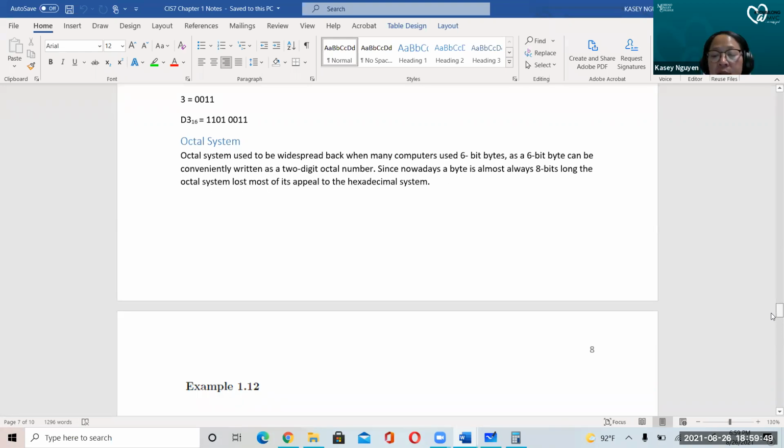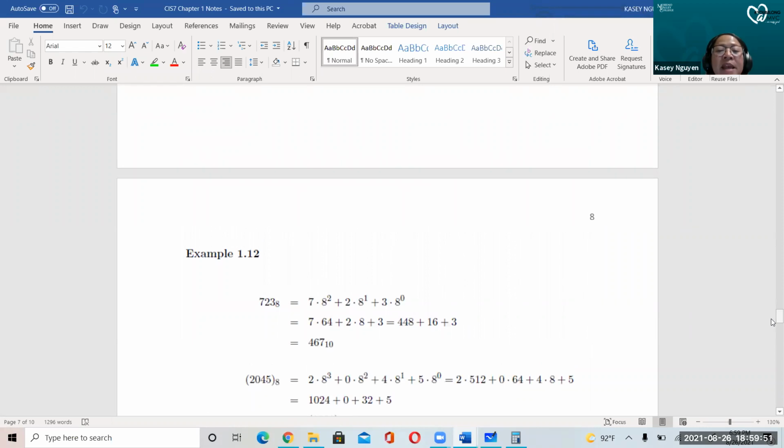So octal is a base 8. Okay. So just like how hexadecimal is a base 16, octal is a base 8. It just has fewer numerical values.